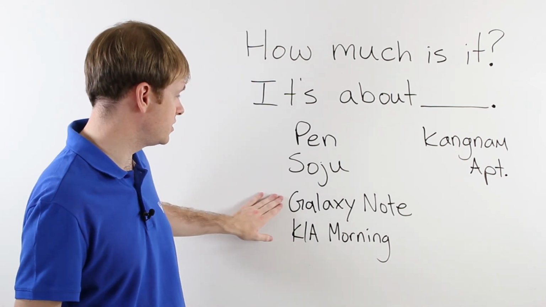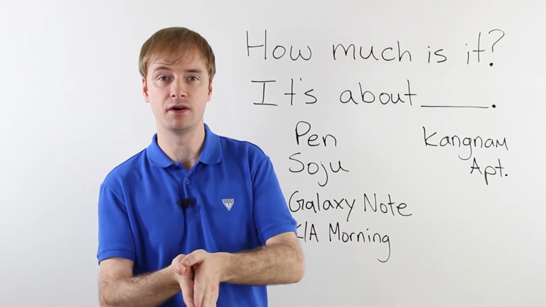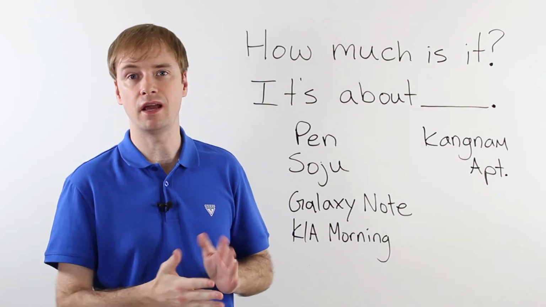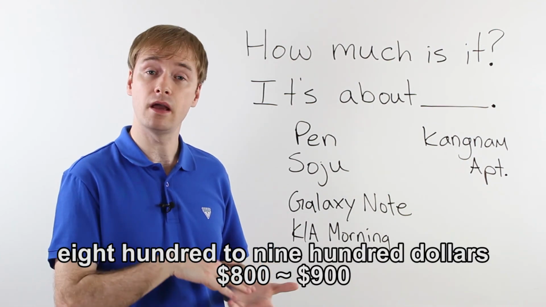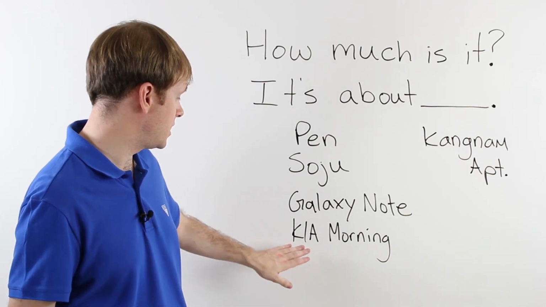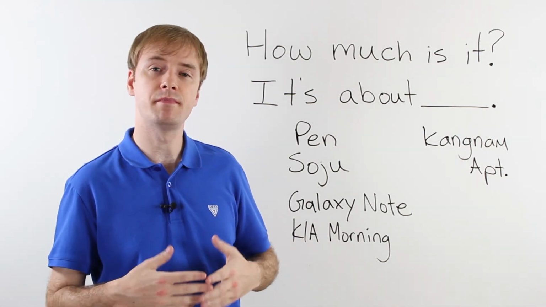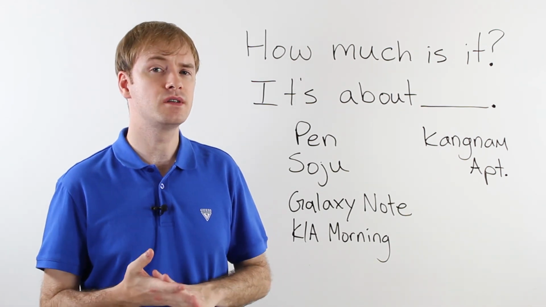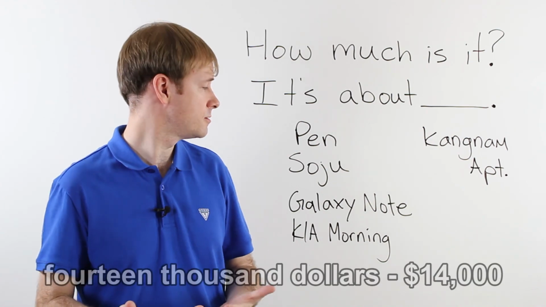Okay, the Galaxy Note. Yeah, very expensive mobile phone. How much is it? Well, it's about $800 to $900. The Kia Morning, the car, how much is it? Well, it's about $14,000.